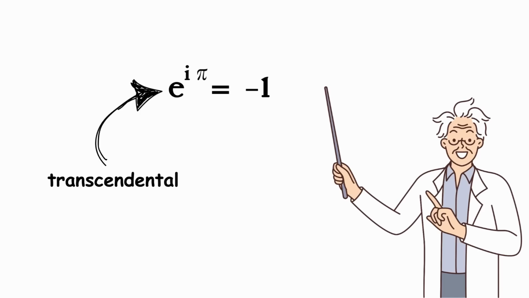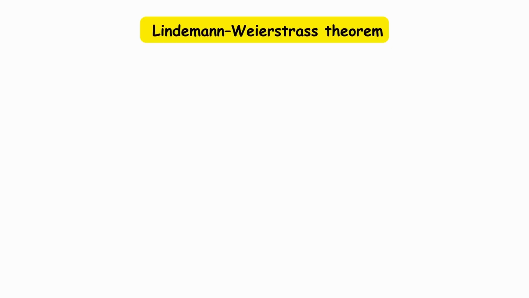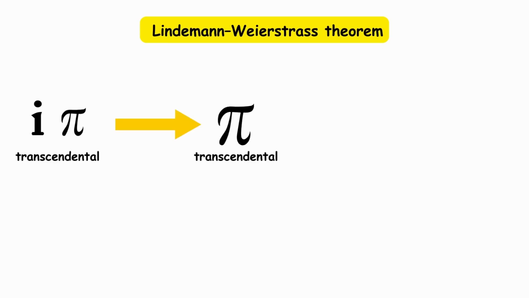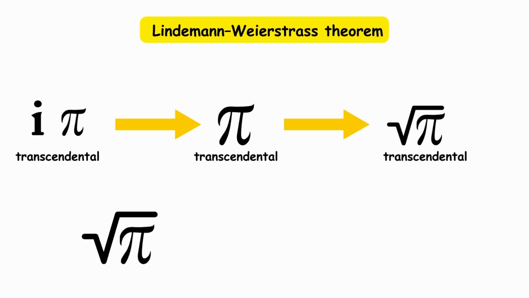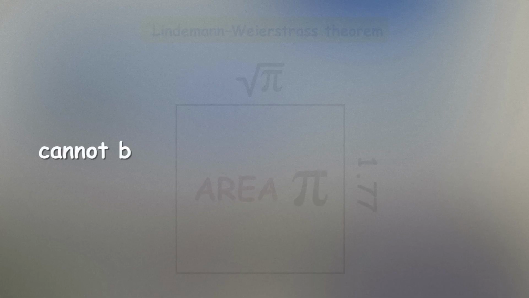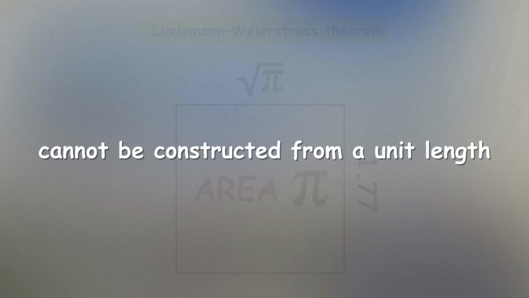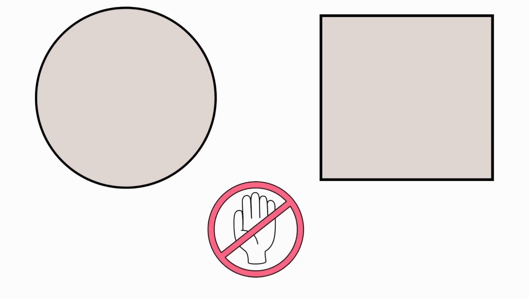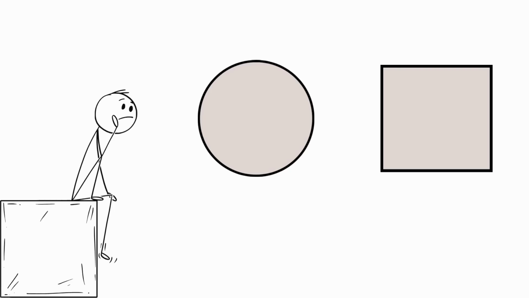The fact that e is transcendental, the Lindemann-Weierstrass theorem shows that i pi must be transcendental, proving that pi is transcendental, proving that square root of pi is transcendental, proving that square root of pi is not constructible, proving that a square with side length square root of pi cannot be constructed from a unit length, proving that squaring the circle is impossible, and finally solving this millennia-old problem.